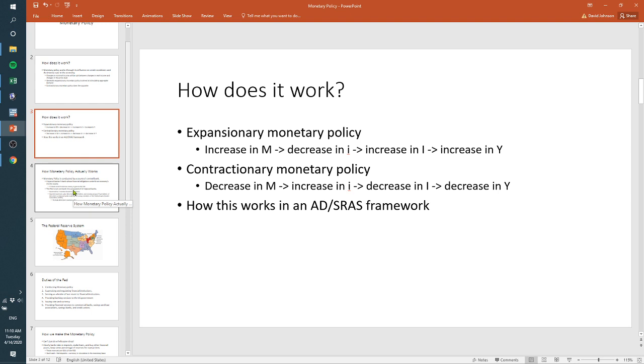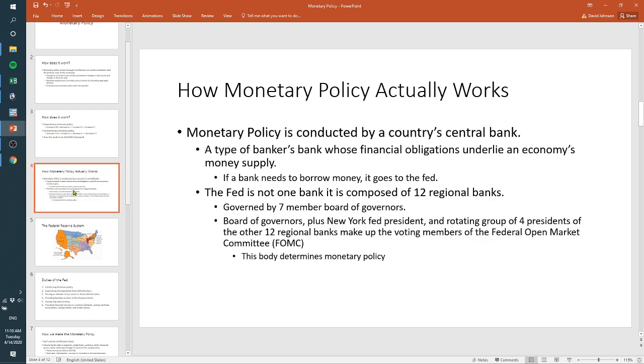All right, so let's look at how monetary policy actually works. Monetary policy is going to be conducted by a country's central bank. Virtually every country has a central bank, and they conduct their country's monetary policy. You can think of a central bank as a banker's bank.